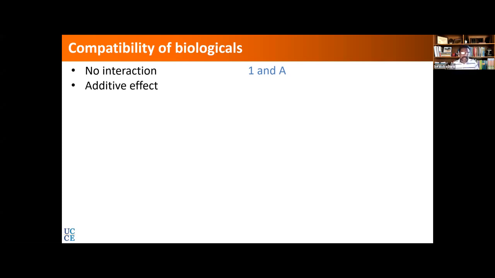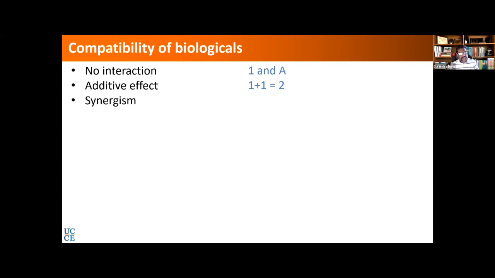Then there could be an additive effect, which means when you add one and another one, you end up seeing the total of those two. For example, you used a biofungicide, which provides 30% control, and then you used a chemical fungicide, which provides another 30% control. Then you have 60%. That is how it works.